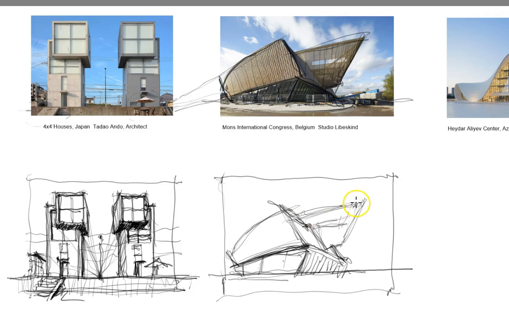And I'm going to go ahead and throw in these lines of... I haven't studied the building, so I don't know to any great detail how it's constructed. But again, it's really the gestures of the thing that I'm most interested in.